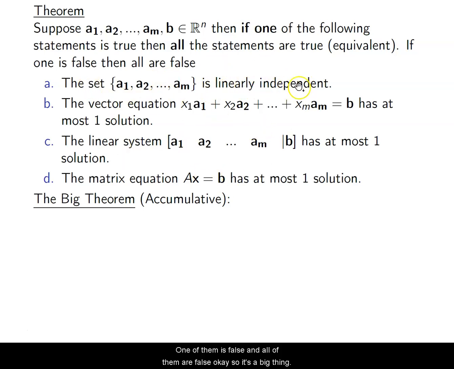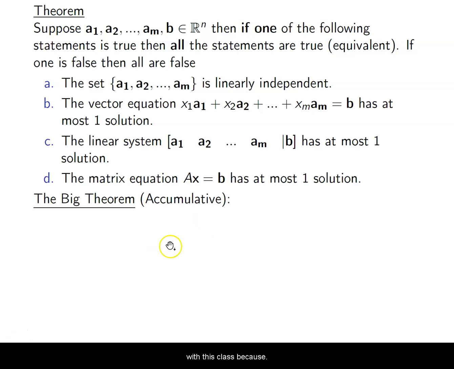If one of them is false, then all of them are false. Towards the end we're going to have something like 15 different items in this theorem. Right now we're going to have like 3 or 4, but we're going to accumulate quite a few things into this theorem. It's a really important theorem.